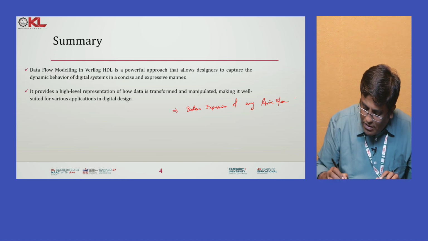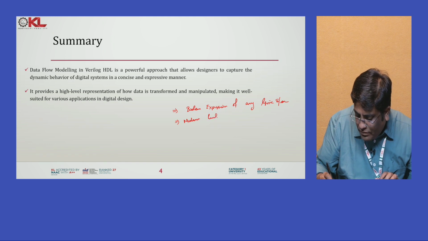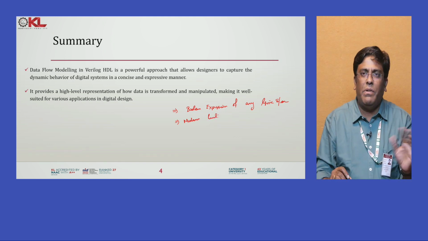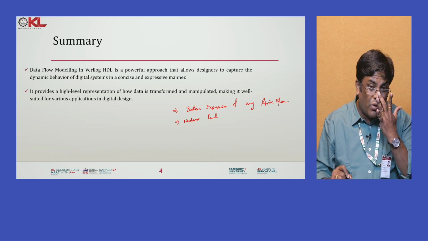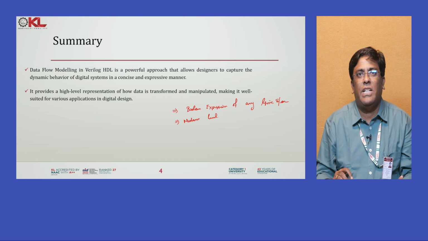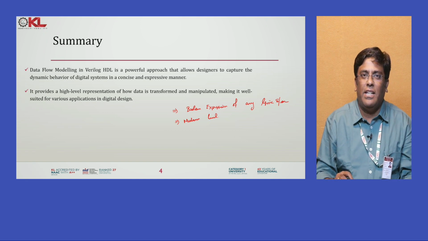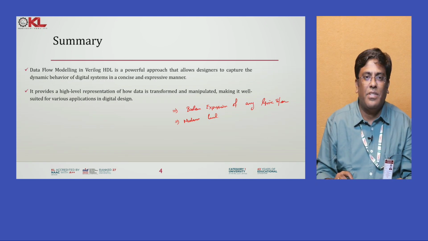That is why we call this a medium level of abstraction when we compare it with structural modeling. I believe you got the differences between structural level modeling and data flow modeling by using the same example we discussed in the last session, right?